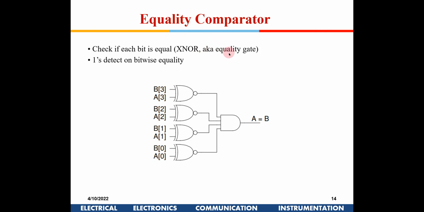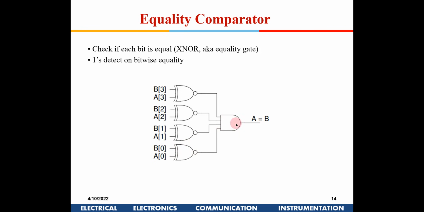Now you could also have an equality comparator. That means if there are contents in two registers A and B, you want to compare whether the inputs are the same or not in both registers. So you can have a bitwise exclusive NOR, right? What does an exclusive NOR do? If it is 0 0, it will give high. If it is 1 1, it will give high, and if they are different, it will give 0.